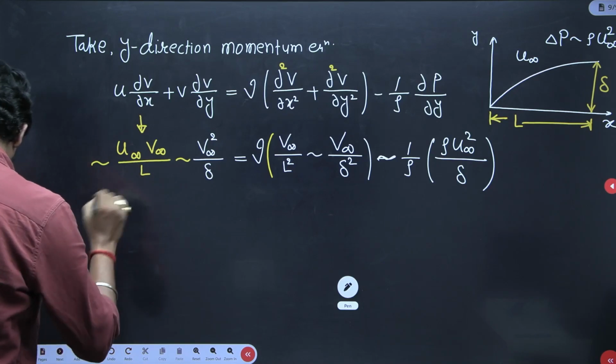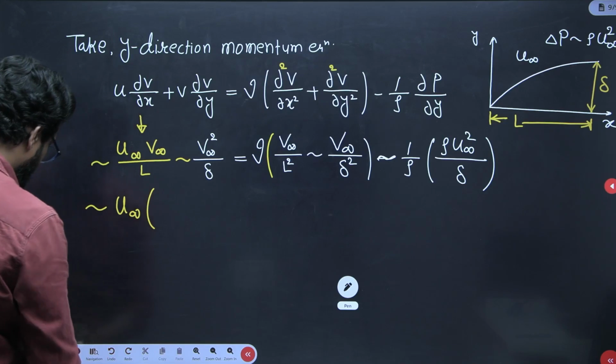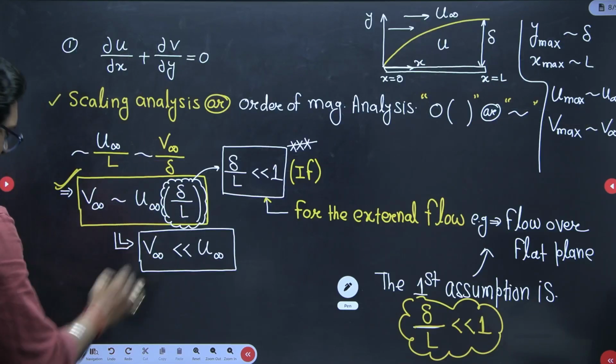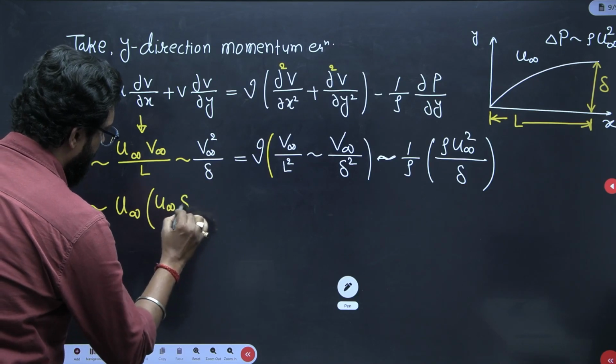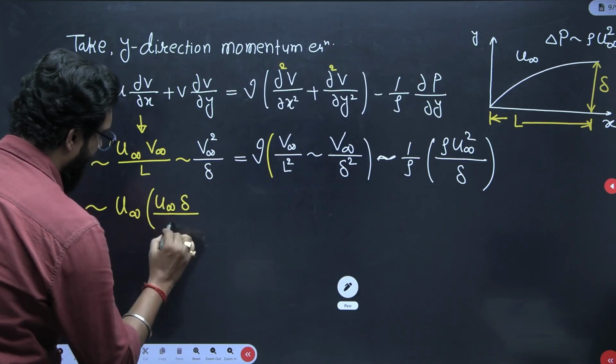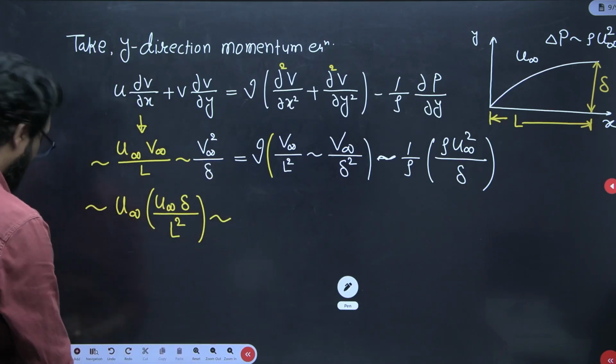So, u infinite, what is V? Order of V is u infinite delta by L, u infinite delta by L square. Order of magnitude, what is V infinite?